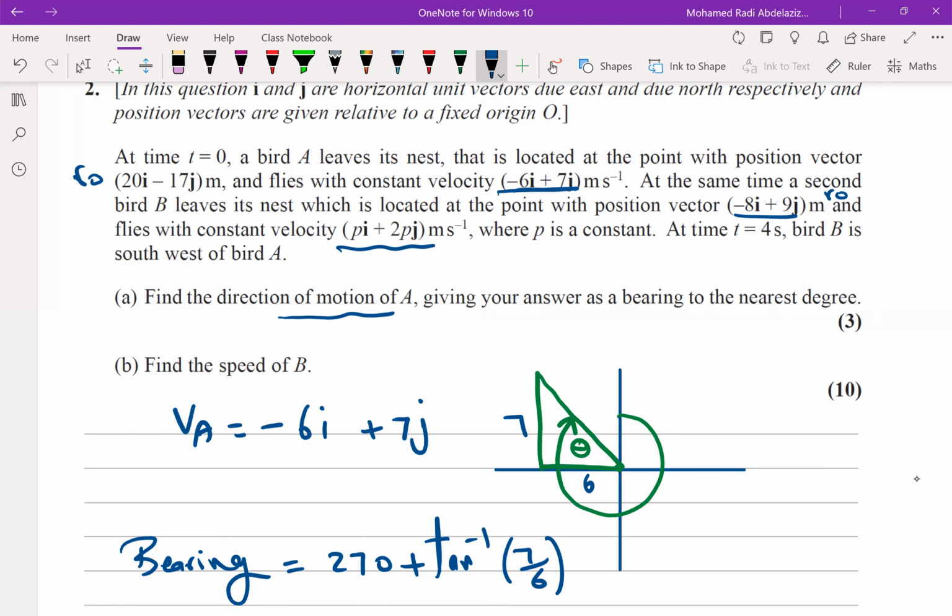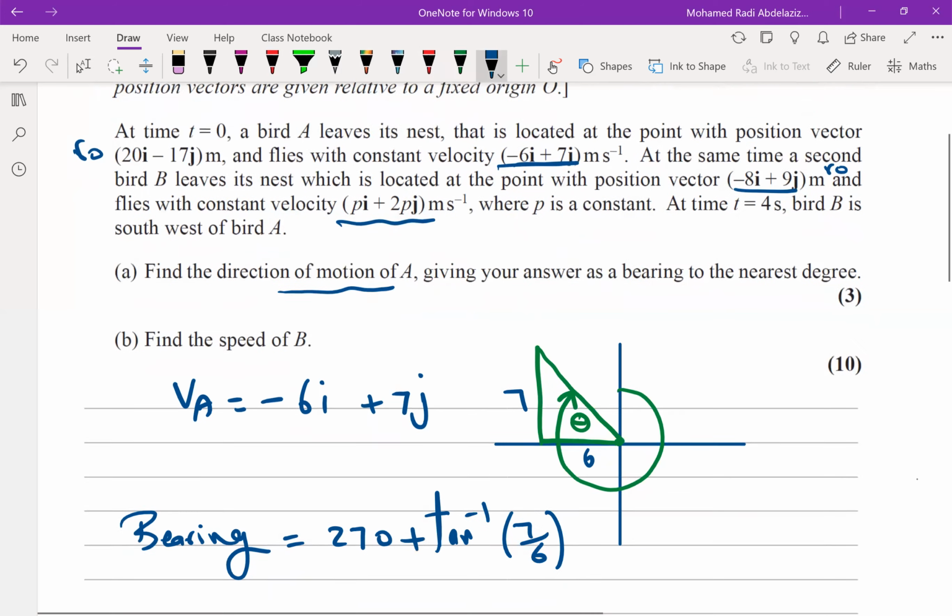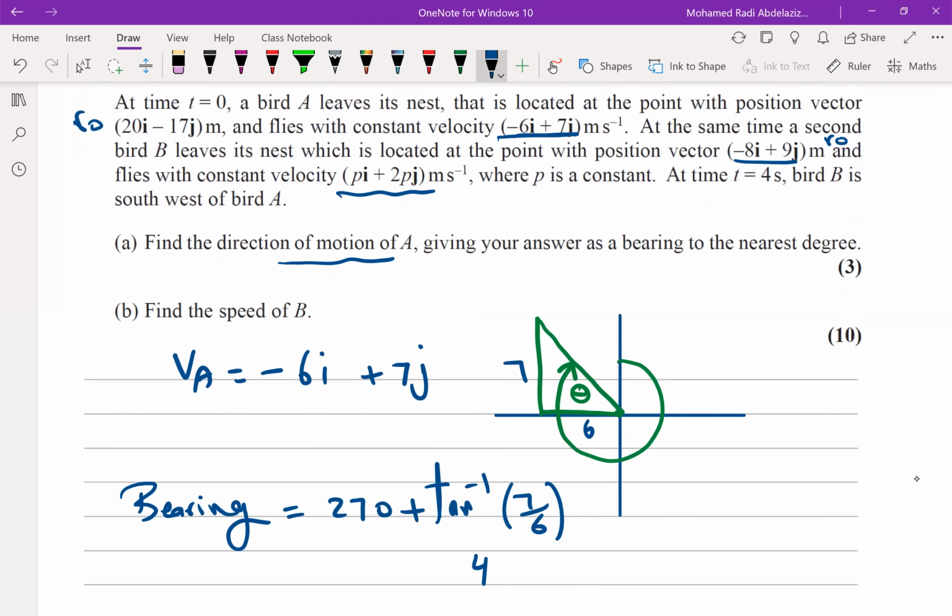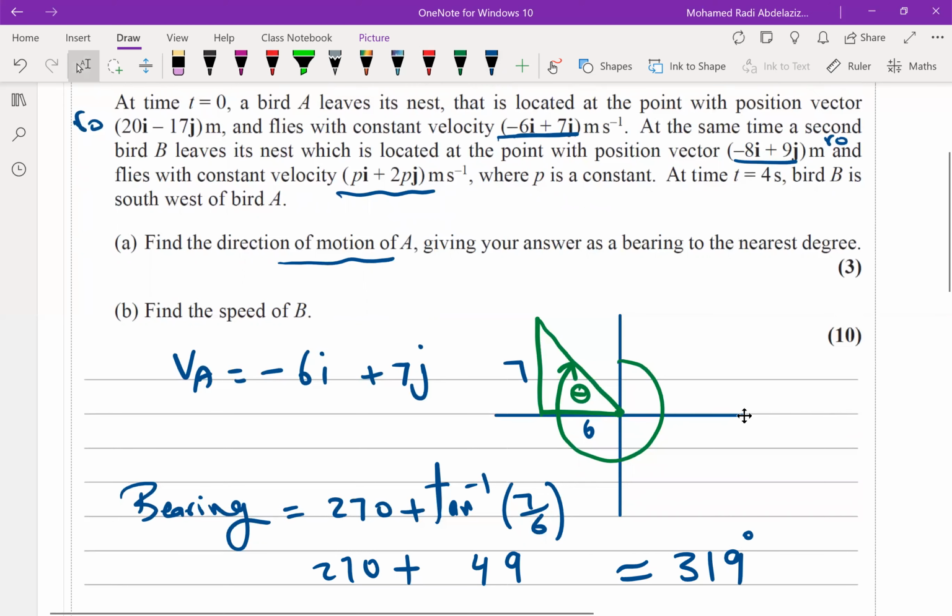Tan inverse of 7 over 6 is equal to 49 to the nearest degree. It's 49.398, and 270 plus 49, so the final answer will be 319. 319 is the bearing of A.